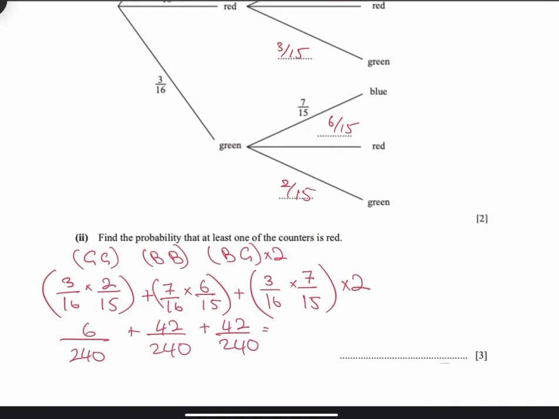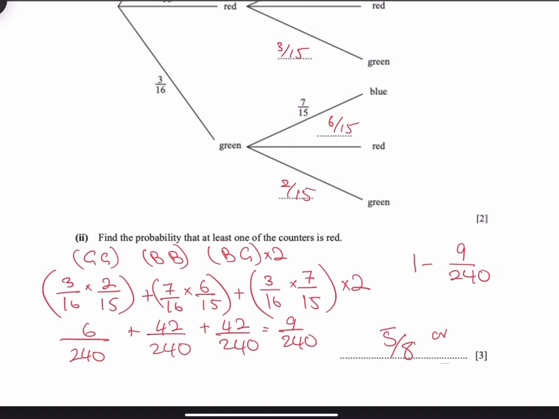This is 42 plus 42 plus 6, 90 over 240. Now 1 minus 90 over 240, so that's 1 minus answer, 5 over 8 is the final answer.